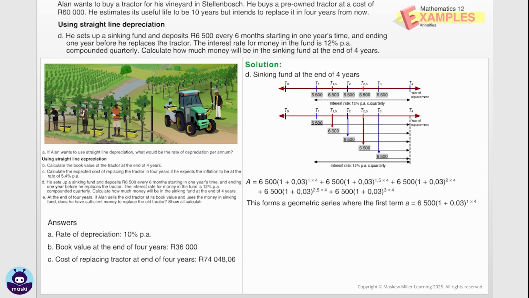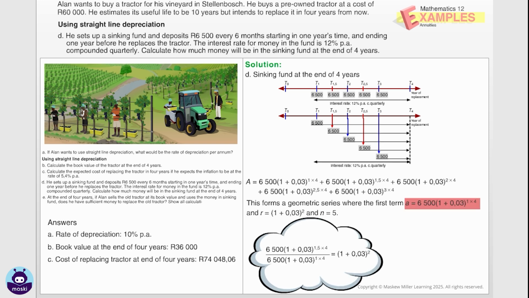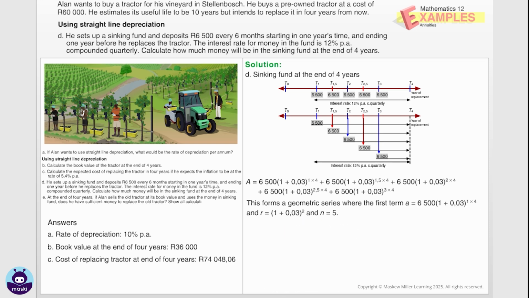Look, this forms a geometric series, where the first term, A equals 6,500 times 1 plus 0.03 to the power 1 times 4, and R equals 1 plus 0.03 to the power 2, and N equals 5. Sum of the geometric series is given by S equals A times R to the power N minus 1 over R minus 1.